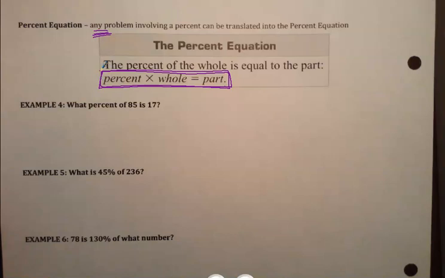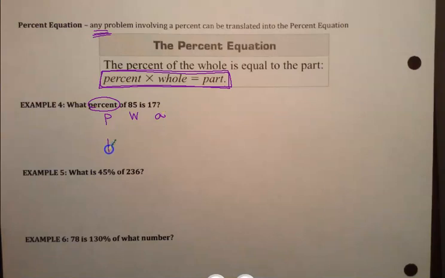So what percent, oh wait, what percent, that's our P, of 85, that's our whole, is 17. That's our part. Let's make that A, I suppose, because percent and whole don't have an A in it, but percent has a R and a T. So we'll go with A. So we need to set this up.